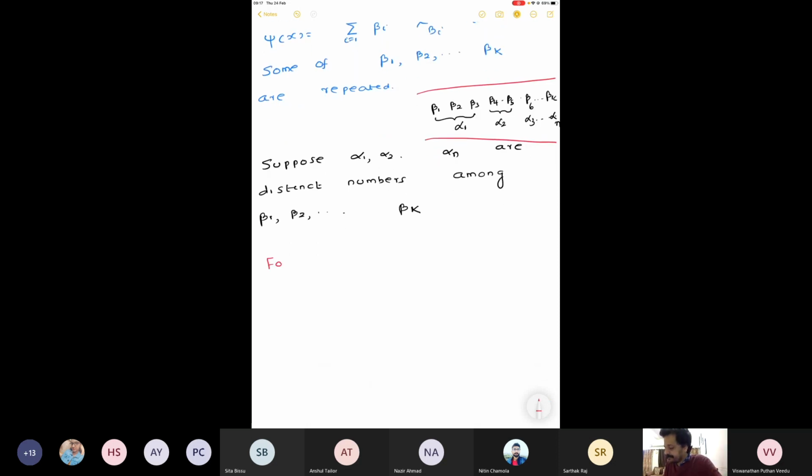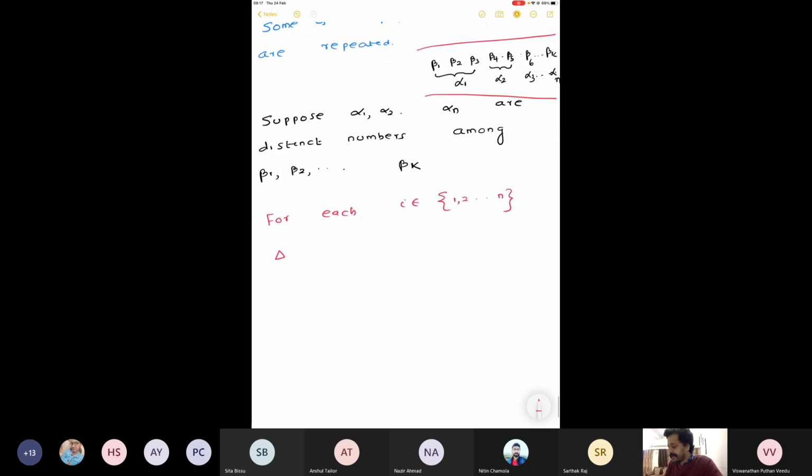Now for each i element of 1, 2, 3, etc. up to n, I define delta i to be the set of all j such that beta j is equal to alpha i. In this example, delta 1 would be 1, 2, 3. Beta 1, beta 2, beta 3 are the same as alpha 1. Delta 2 would be 4 and 5.